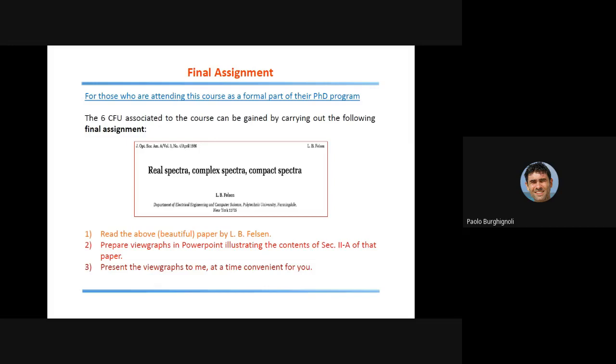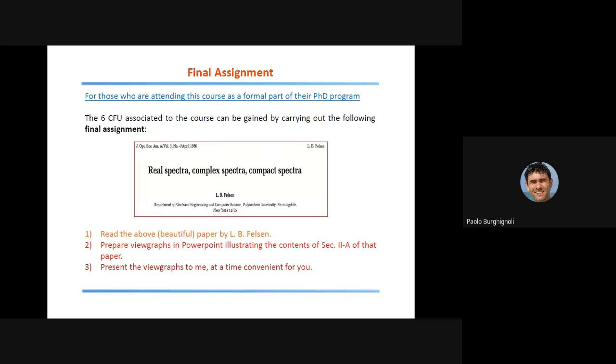So, since we are required to assign a specific formal task to students in order to let them gain their credits, in this case, the 6 credits associated with this course, then the assignment is to read a paper, which is this paper by Leopold Felsen, which was published in 1986 in the Journal of the Optical Society of America, Part 1. The title is, as you can see, Real Spectra, Complex Spectra, Compact Spectra.